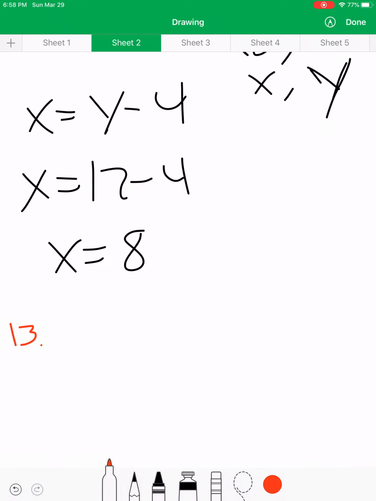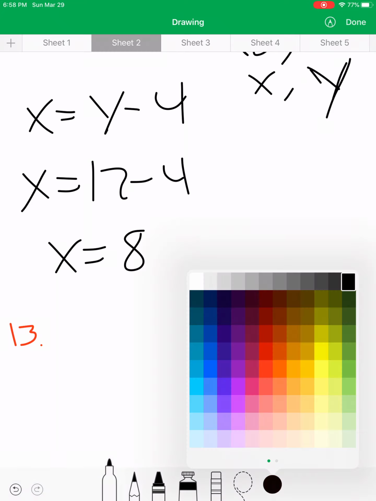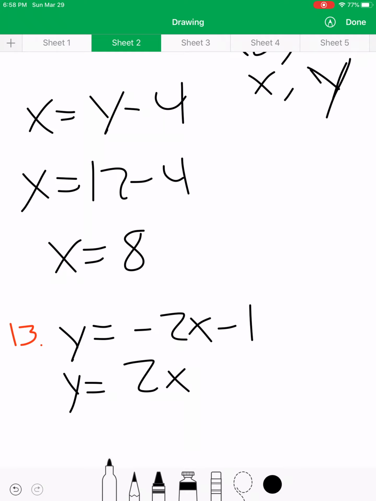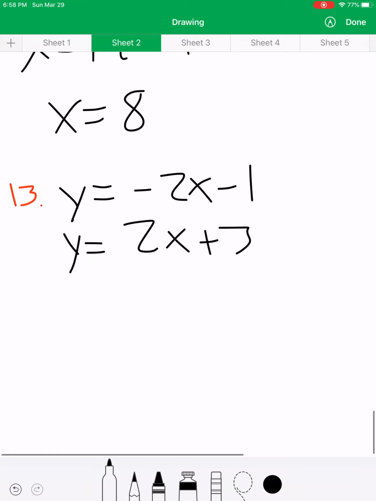So number 13 now. All right, 13 is y equals negative 2x minus 1 and y equals 2x plus 3. So these are more similar to the ones we were working before. Substitute either equation in for y.